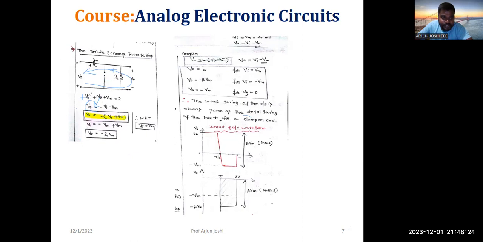Change the sign: minus Vi minus Vm. Here we know the equation already for the input voltage: Vi is equal to Vm. Substitute here, my Vi is equal to Vm. Or directly take down minus Vi, take the common, minus Vi plus Vm.